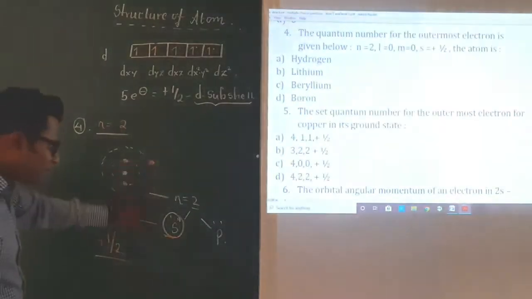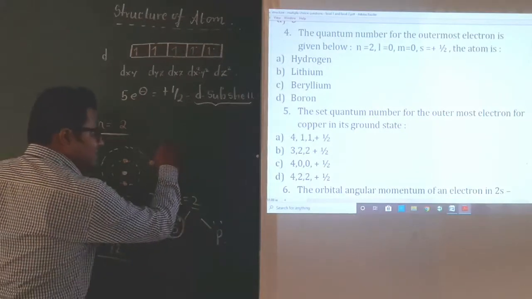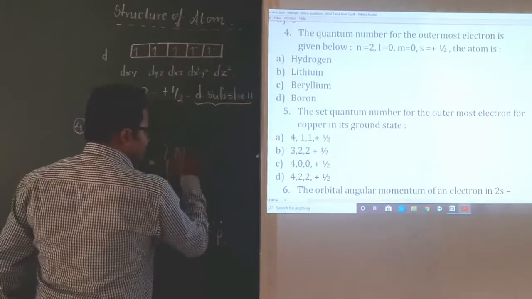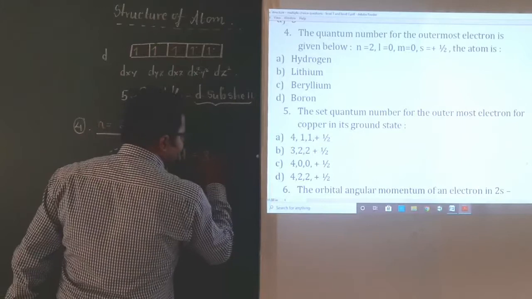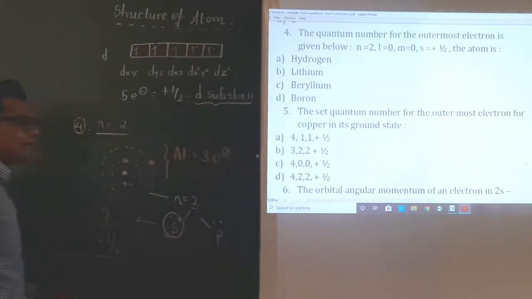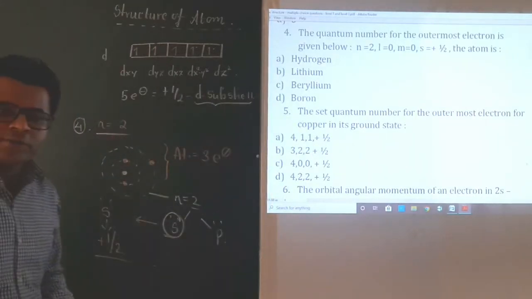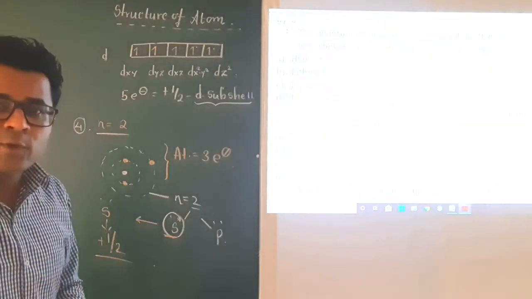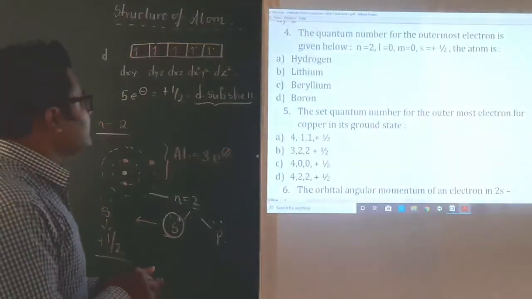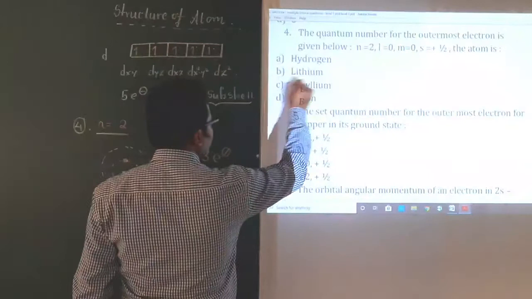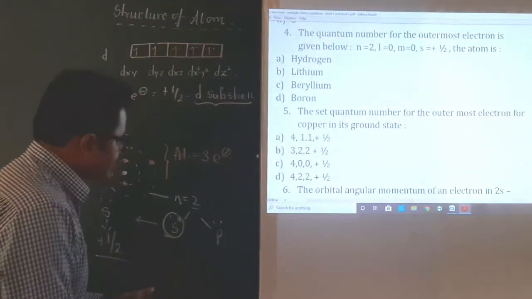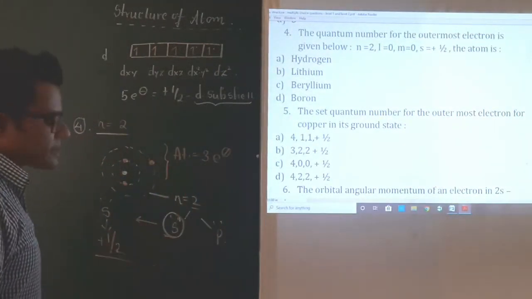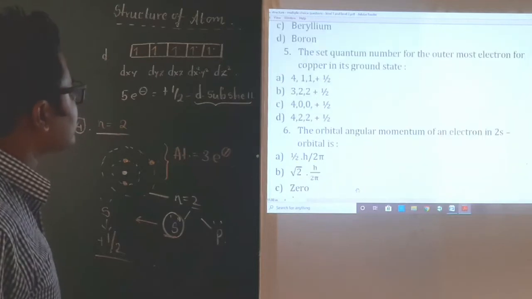So there is only one possibility: this is the atom with 3 electrons. The atom with atomic number 3 is nothing but lithium. So the answer is B, lithium, in this case. Coming towards the next question.